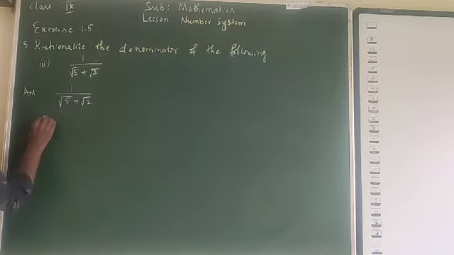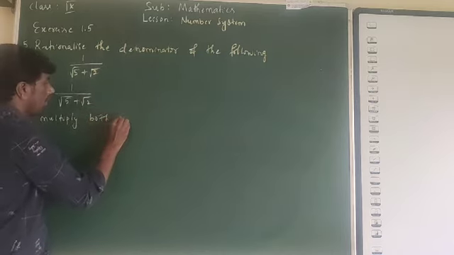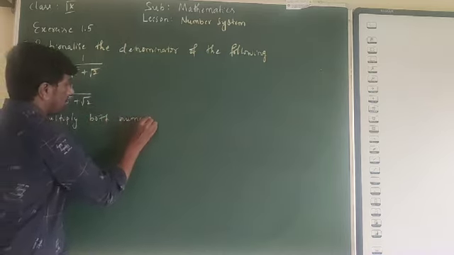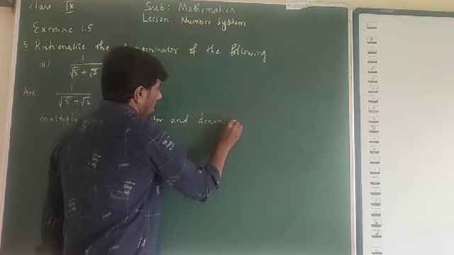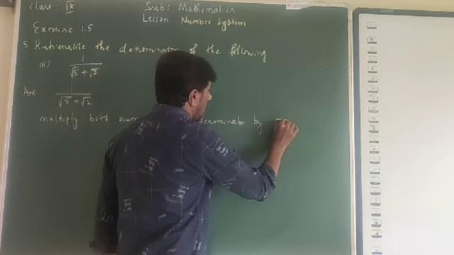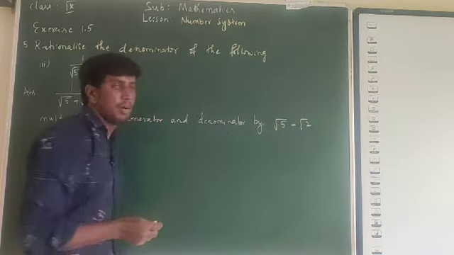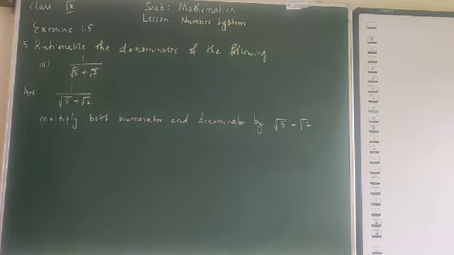Multiply both numerator and denominator by root 5 minus root 2. Clear? We'll do that.